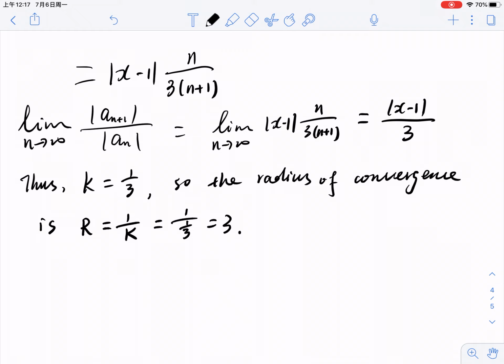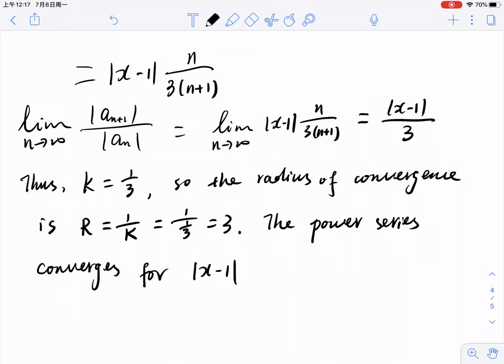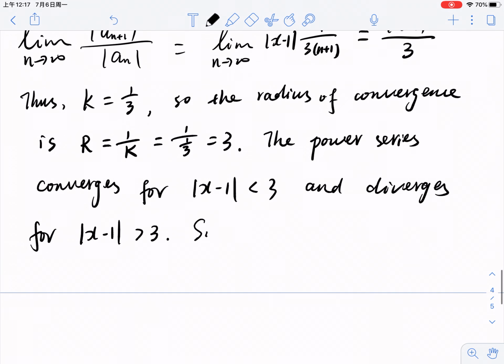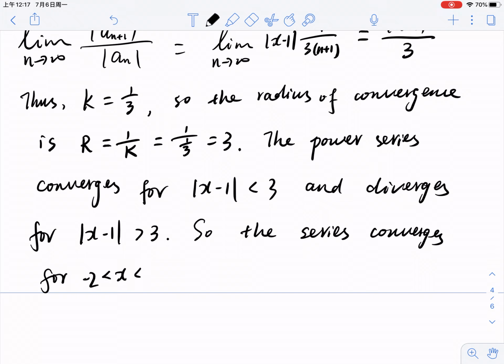So the power series converges for |x − 1| less than 3, and diverges for |x − 1| greater than 3. So the series converges for x greater than -2 and less than 4.